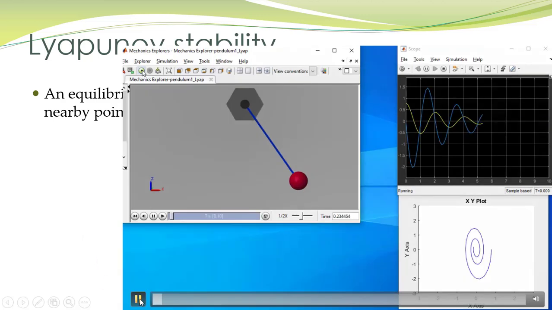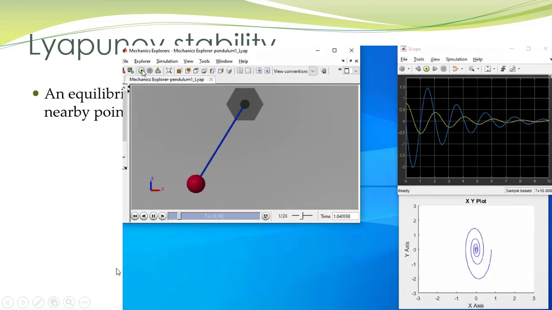And here is the plot of system states. This is the plot of angular position, and this is the plot of angular velocity. We see that after some time these states settle down to the equilibrium point at origin.